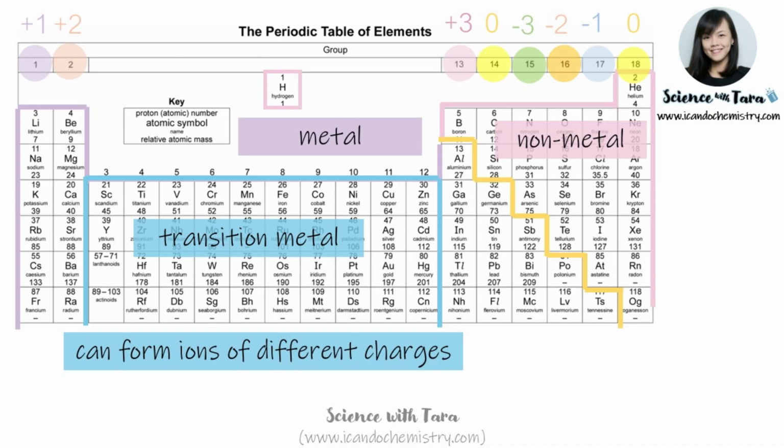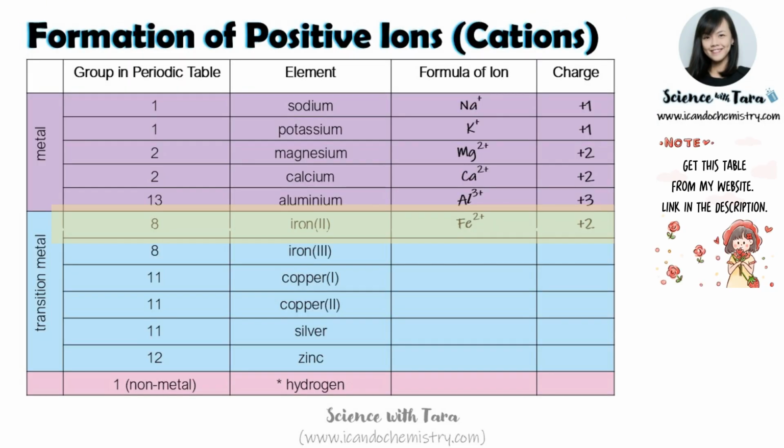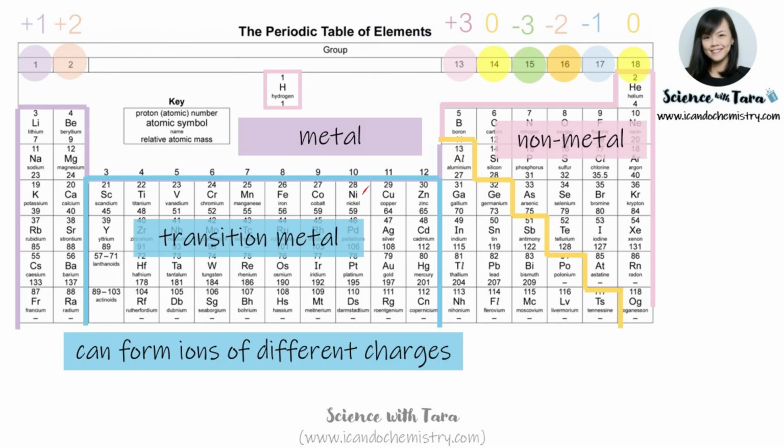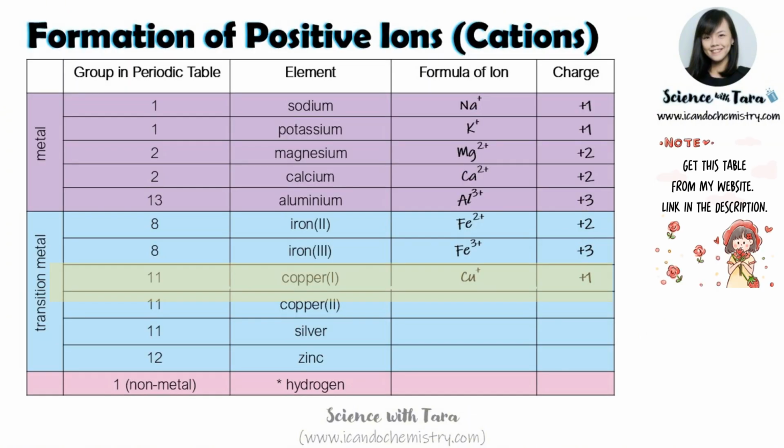For example, iron can have a charge of positive 2 or positive 3, which is Fe2+ and Fe3+. For copper, they can have variable charges, positive 1 and positive 2, which gives us Cu+ and Cu2+.